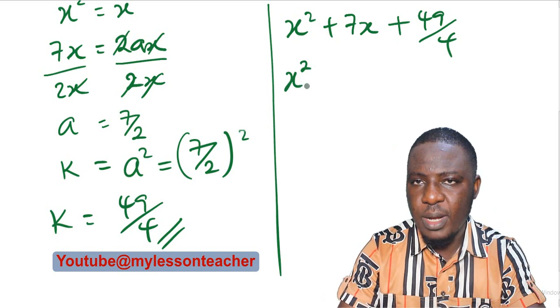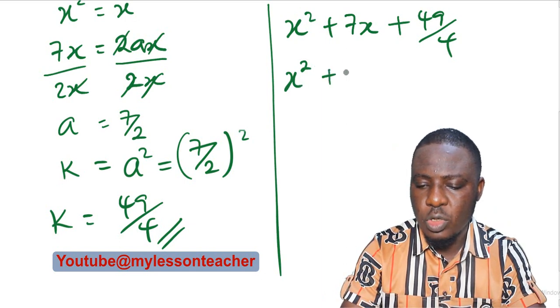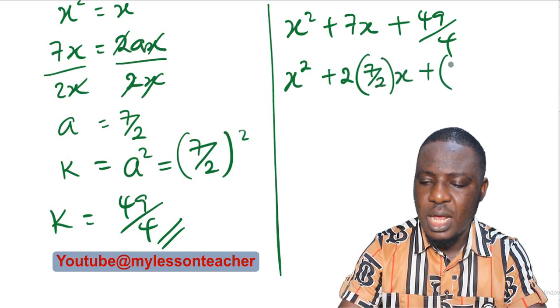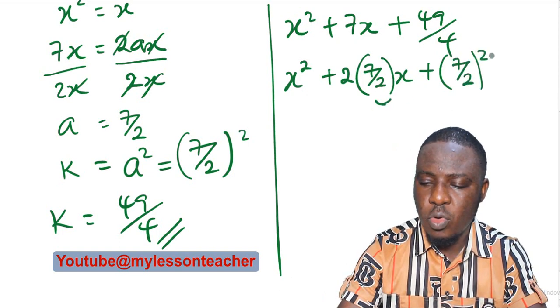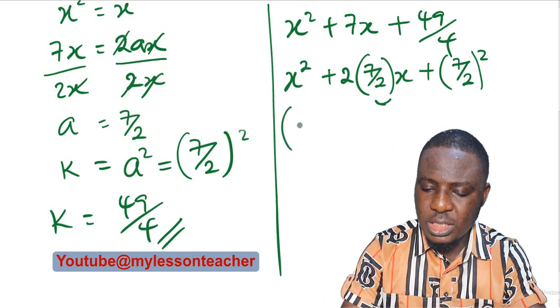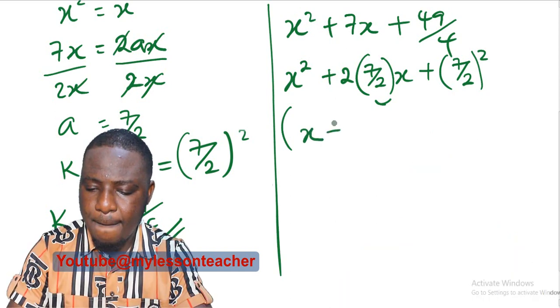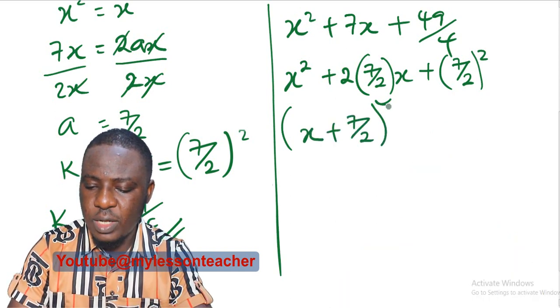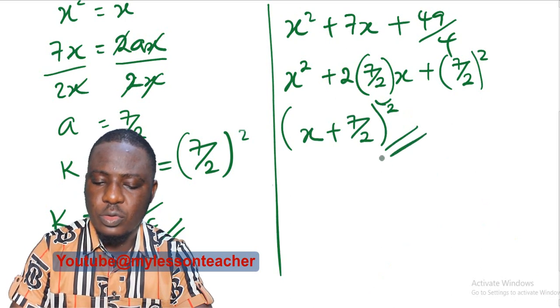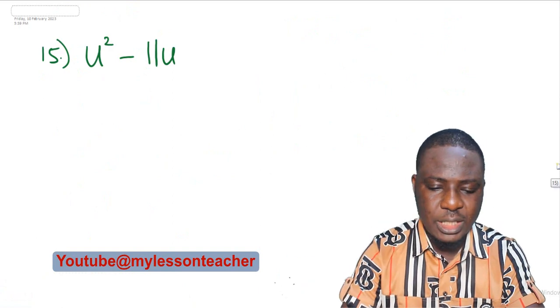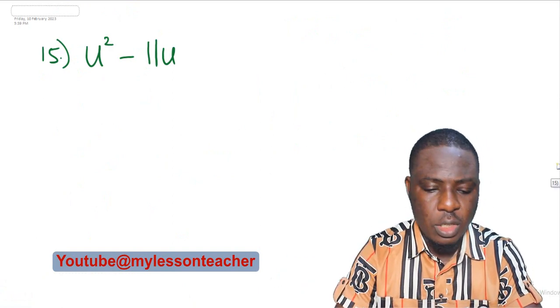Writing this in the perfect square format, we have x squared plus, factorize out 2, we have 2 into bracket 7 over 2 x plus, write this in index form, you now have 7 over 2 all squared. So this, after being written this way, can be factorized to be x plus 7 over 2 all squared. So this is the method 2. We shall be using it in other examples.